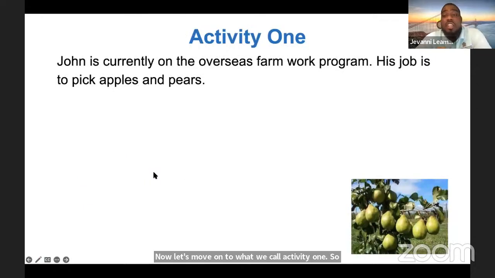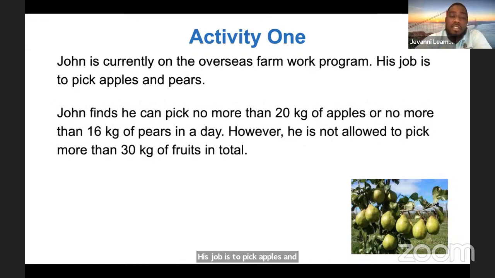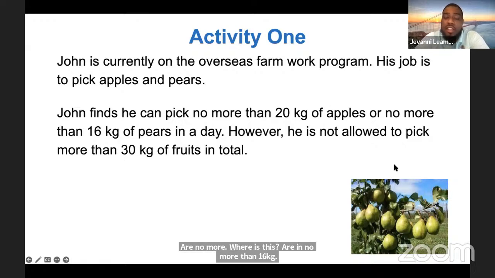So John is currently on the overseas farm program, especially in Canada, I would believe. His job is to pick apples and pears. Now, John finds he can pick no more than 20 kilograms of apples or no more than 16 kilograms of pears in a day.